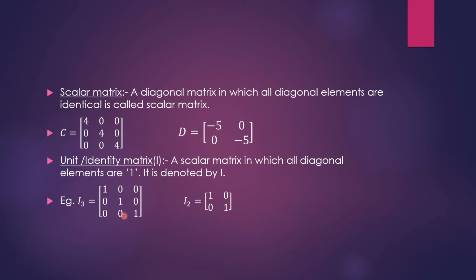Since it has 3 rows and 3 columns, it is named I3. It is 2 rows, 2 columns, it is named I2. Why is it I? Because diagonal elements are 1 and non-diagonal elements are 0.